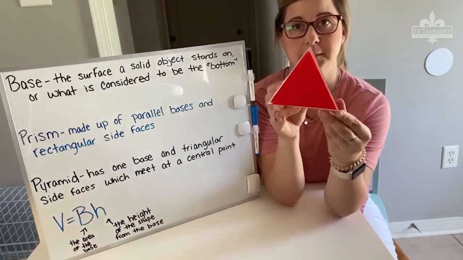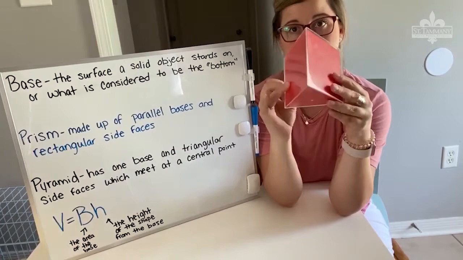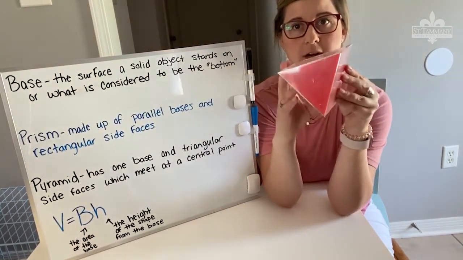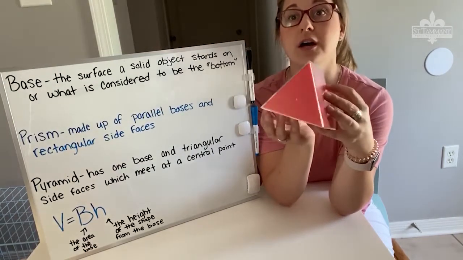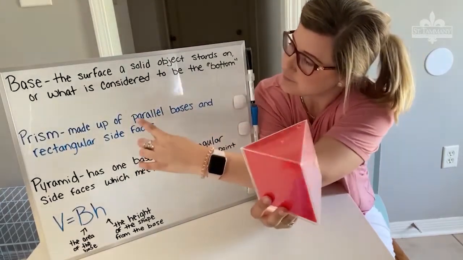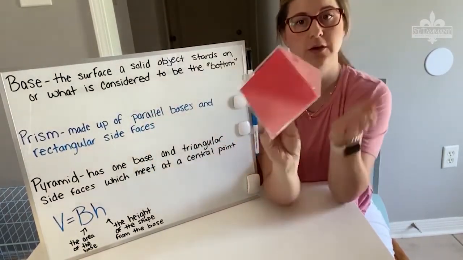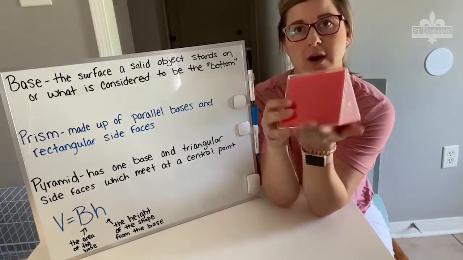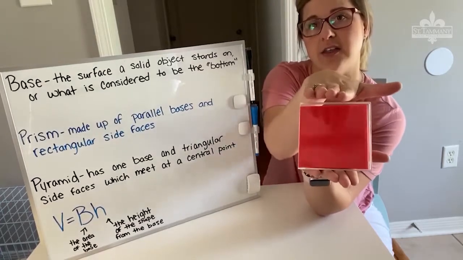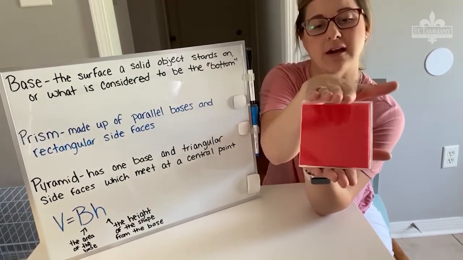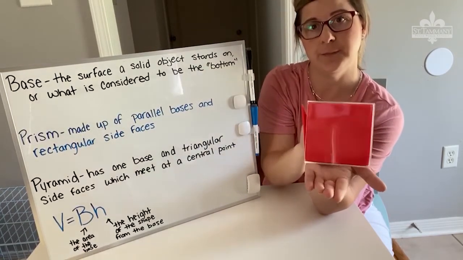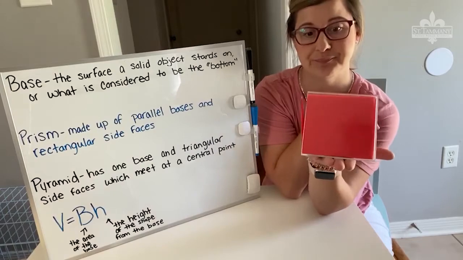So our next shape. Do you think that it is a prism or a pyramid? Good, it is a prism. So let's see why. Parallel bases. Okay, well if I put it like this on the rectangle, there's not a parallel base to that. There's not another rectangle that is running parallel that won't run into it, no matter which one I put as the bottom.